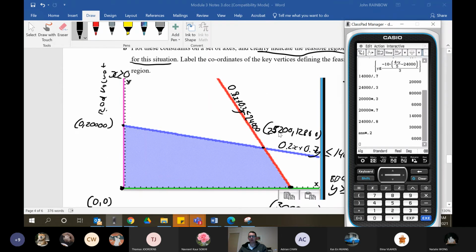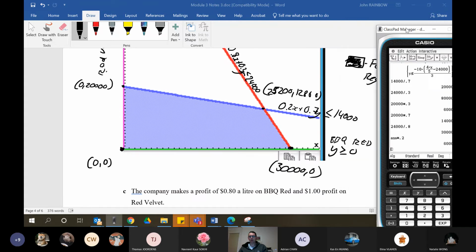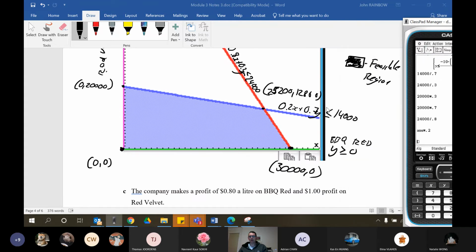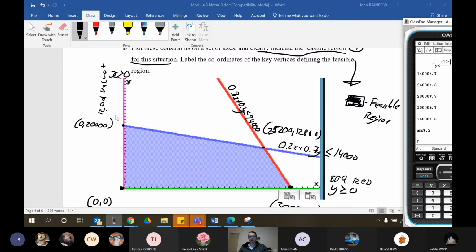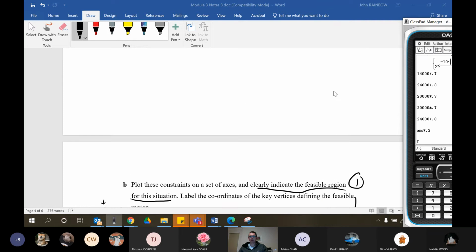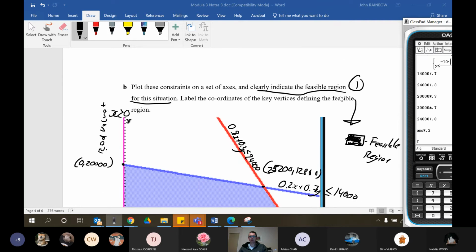So if you produce 25,200 of barbecue red and 12,800 of red velvet, that would maximize the amount of stuff that we use. So 25,200 is down.